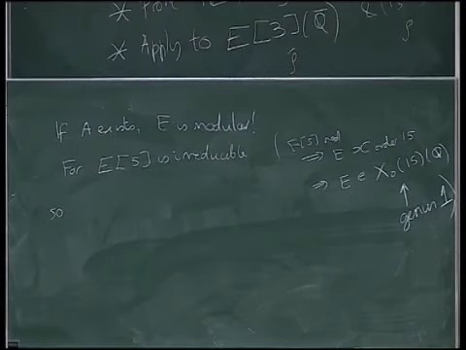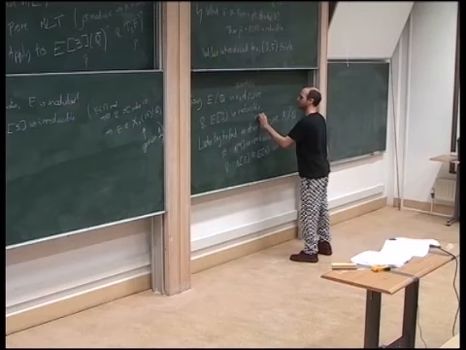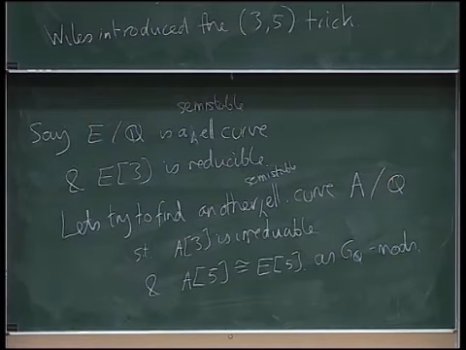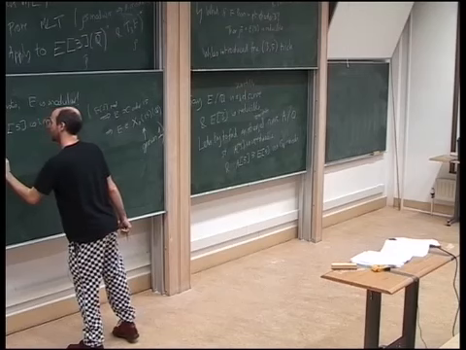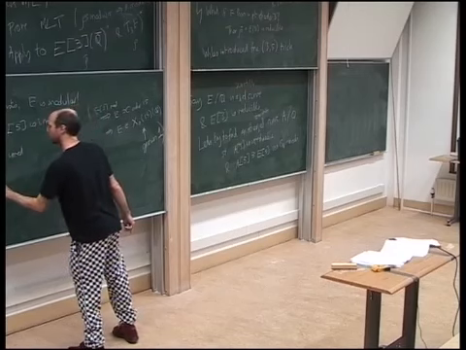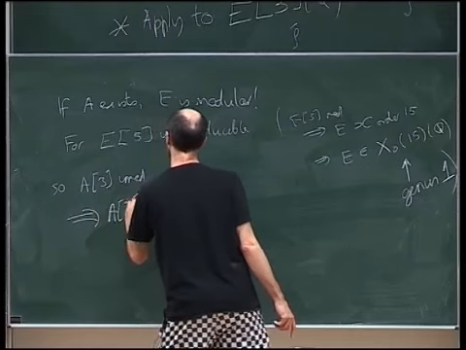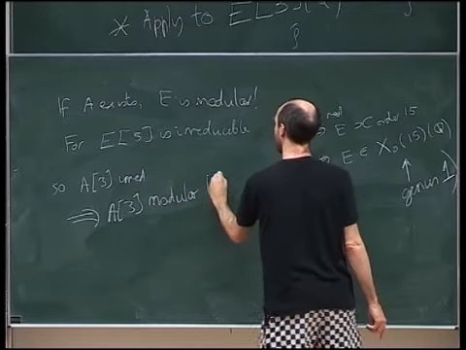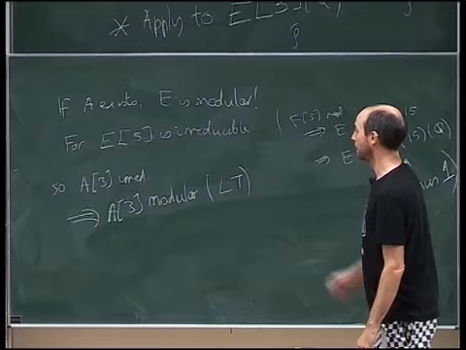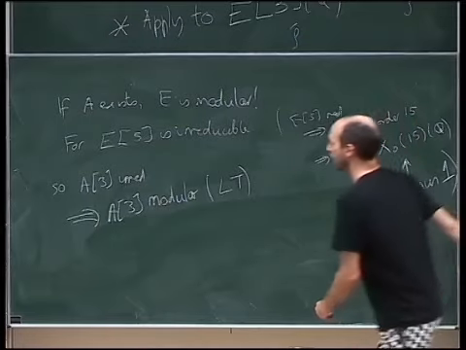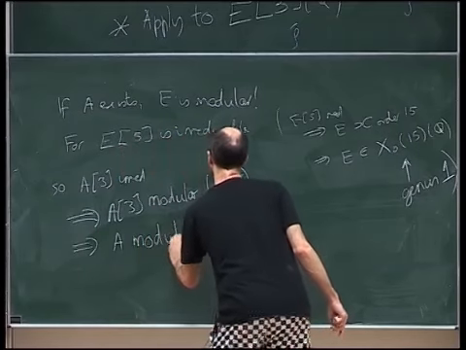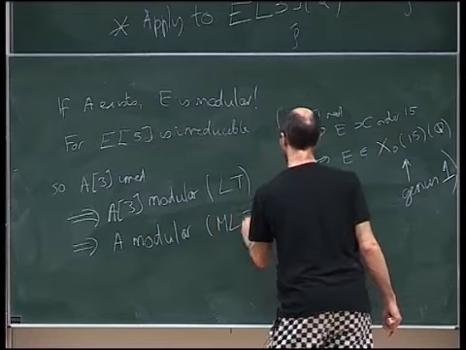So now here's the argument. We've got A[3], so let's make it semi-stable as well. So here's the idea. A[3] irreducible implies A[3] modular. That's going up the hill, right? But that's Langlands' tunnel, so there's the hard work. It implies that A is modular by modularity lifting theorems.